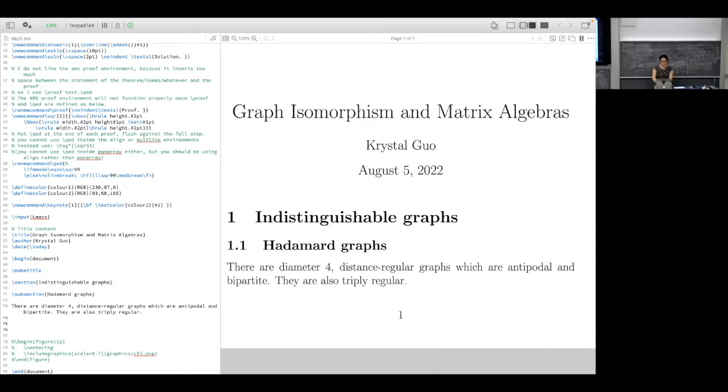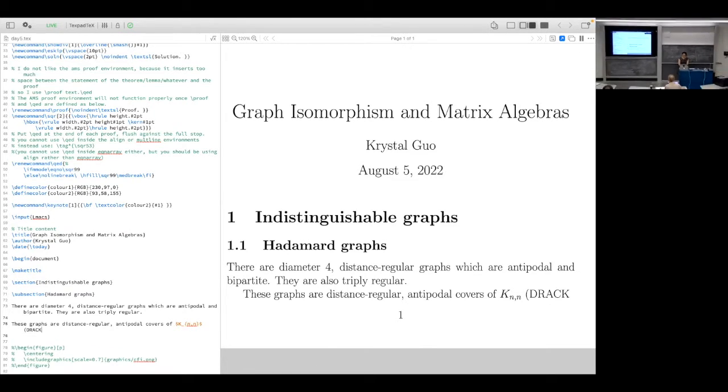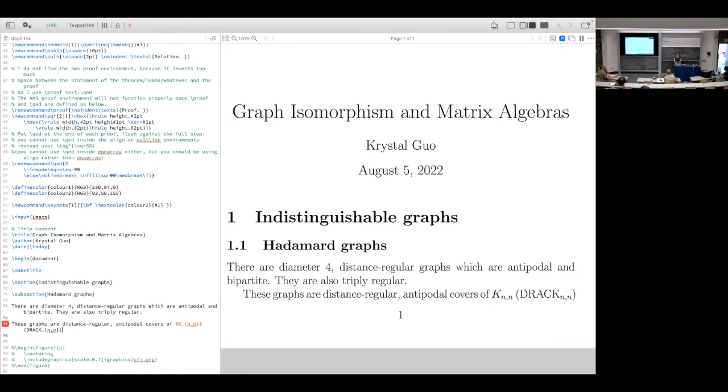These graphs are distance regular, antipodal covers of the complete bipartite graph K_{N,N}, or as Chris Godsil's camp calls them, they're Drachens. Has Chris ever called his graphs that?